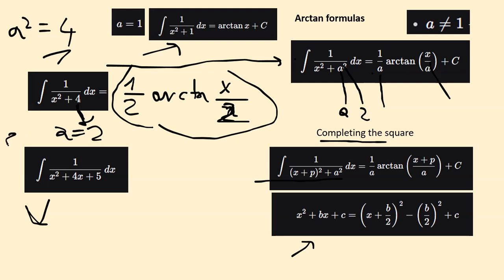For case 2, you need to use that formula. But before you apply this formula, you need to complete the square, transform this trinomial to a simpler form. So first I'll show you how we can complete the square. In order to complete the square, we need to divide. Here we write x plus 2, in brackets to the power of 2.